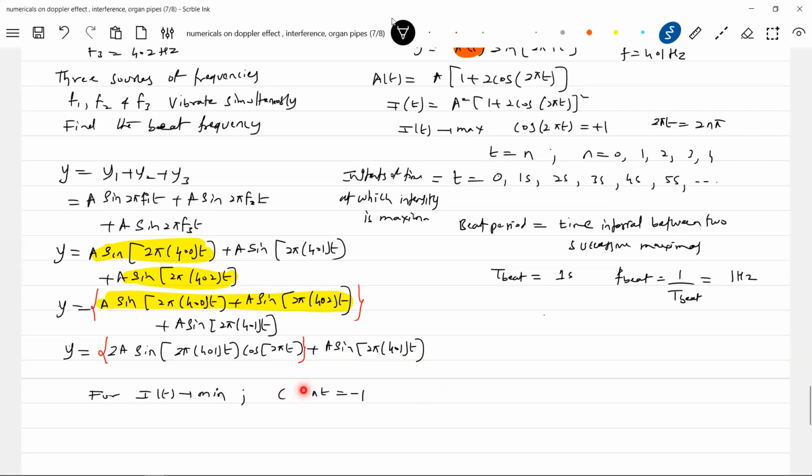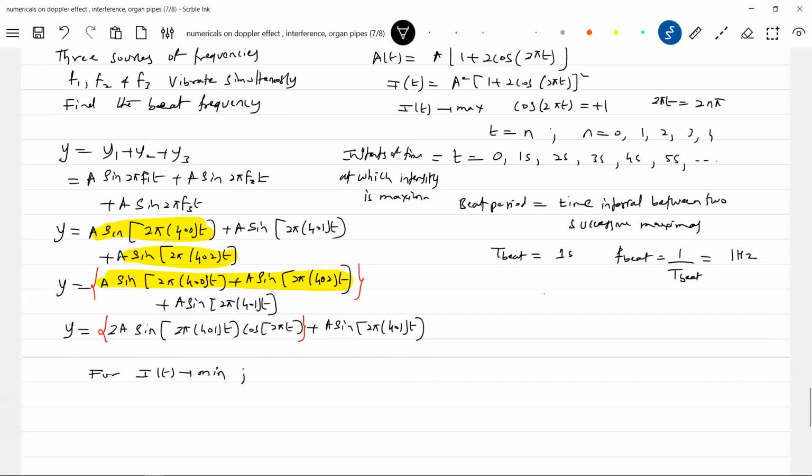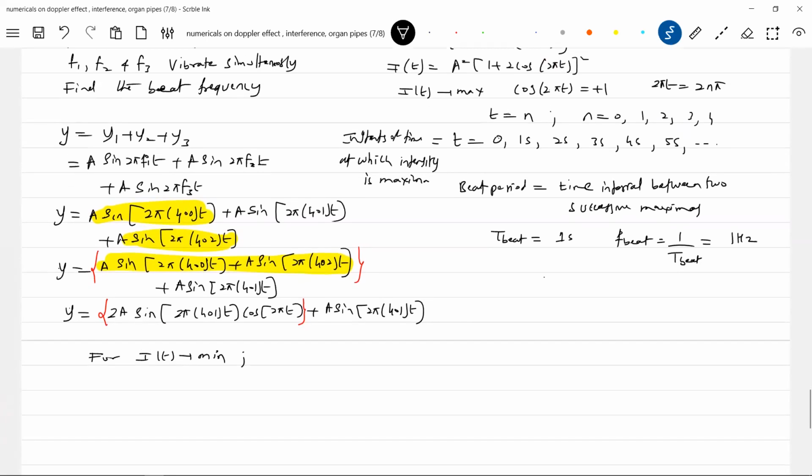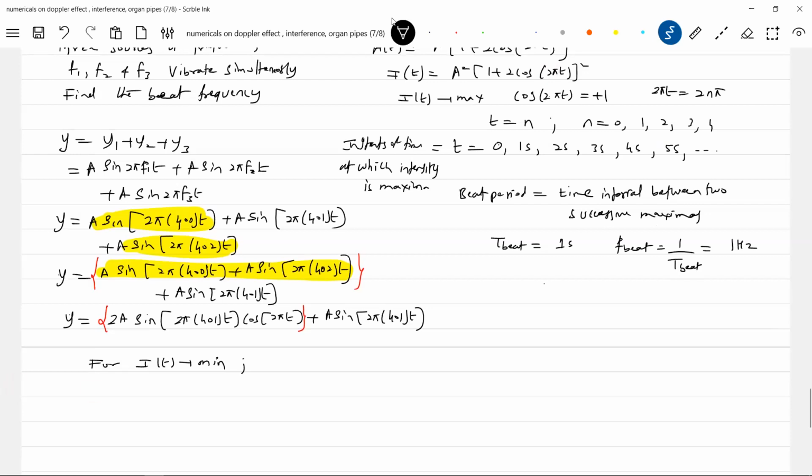I have to plot a graph, no? Okay, let me do it here. I think you are able to see this equation. Yeah. Cos 2 pi t should be equal to -1. For cos 2 pi t to be equal to -1, 2 pi t should be equal to 2n pi plus 2 pi by 3. Am I right? Check it once.